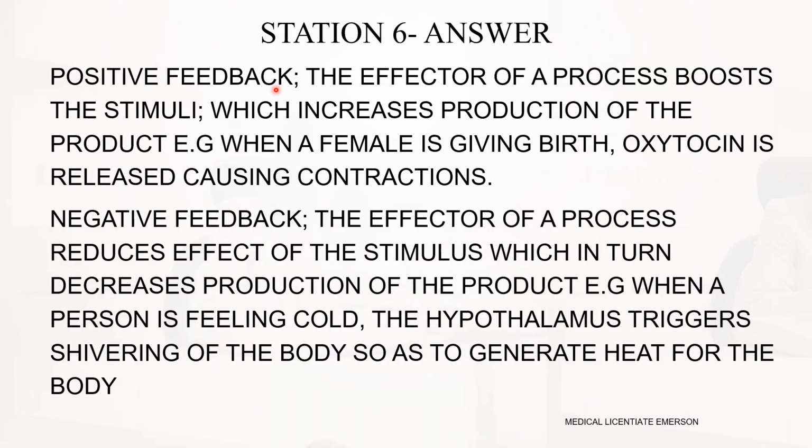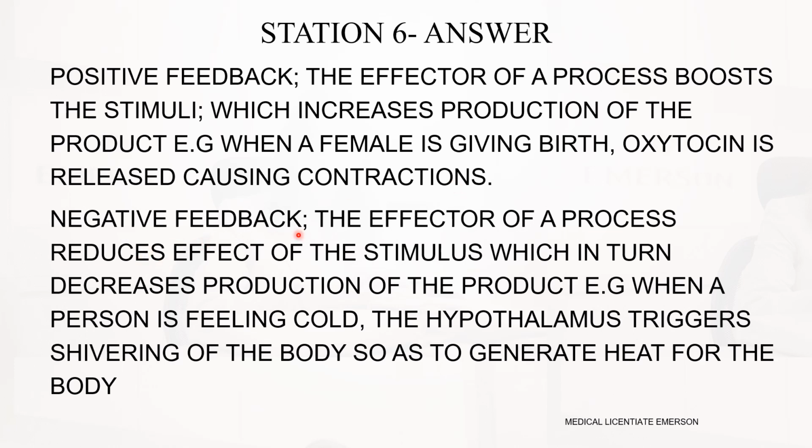Positive feedback is when the effector of a process boosts the stimulus, which increases production of the product. An example would be when a female is giving birth, oxytocin is released causing contractions. That's positive feedback.